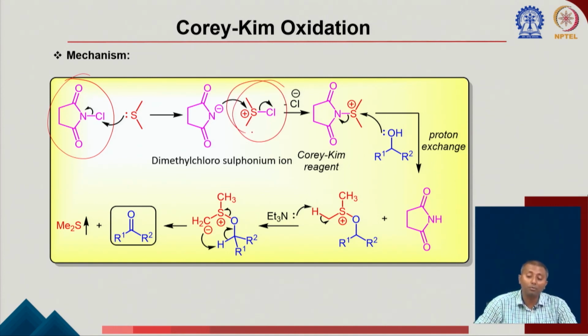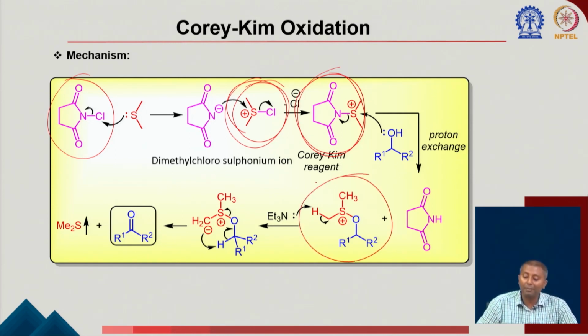Once the dimethyl chlorosulfonium ion is formed, the sulfur is positive, so the alcohol is attacking. The N minus attacks first to form what is called the Corey-Kim reagent, and now this oxygen can attack the sulfur, still having the positive charge, forming this species.